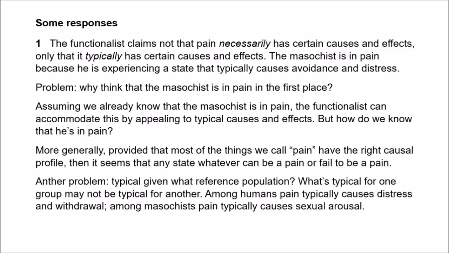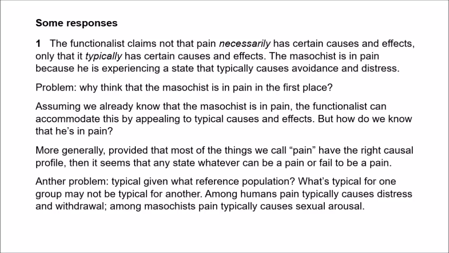If you take humans overall as the reference population, then yes, we can say that pain is the state that typically causes distress and typically causes withdrawal from the harmful stimuli. But if you take masochists as the reference population, then pain, at least mild pains, typically cause sexual arousal. And in fact, for functionalism, the reference population is supposed to be all cognitive systems.